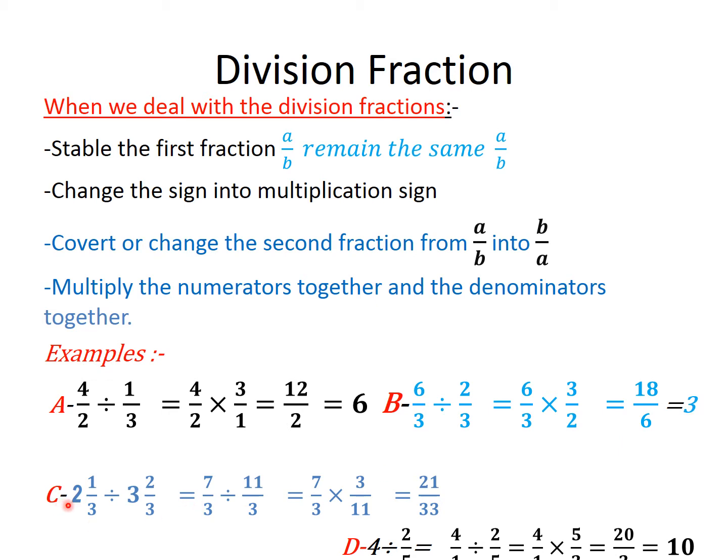Look here, 2 1 over 3 divided by 3 2 over 3. As I said before, we multiply 3 by 2, it will be 6, plus 1, it will be 7. Here, 3 multiply 3, it will be 9, 9 plus 2, it will be 11.